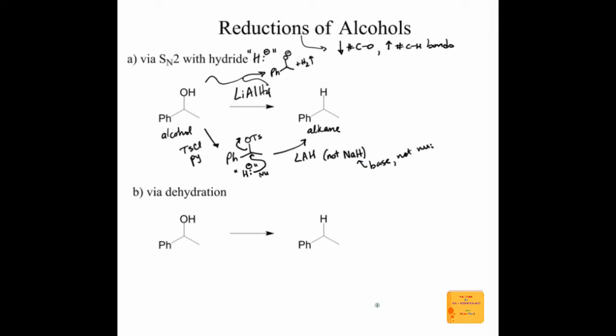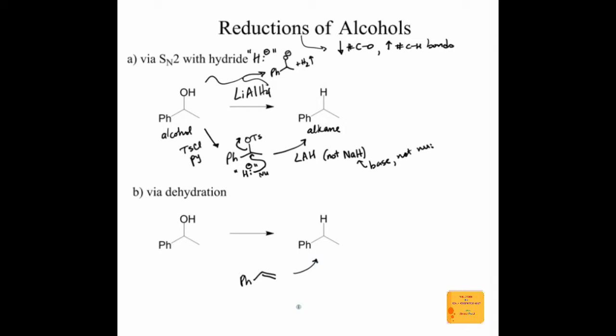Okay, another strategy is to think about, maybe if we do a retrosynthesis here, and we consider what reactions have we ever seen that give alkanes as products. That's kind of a strange reaction because there's no functional groups here. There's nothing left. Okay, well, what if we had an alkene in this position?